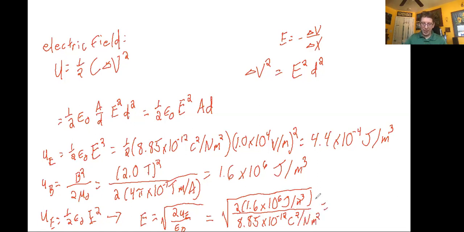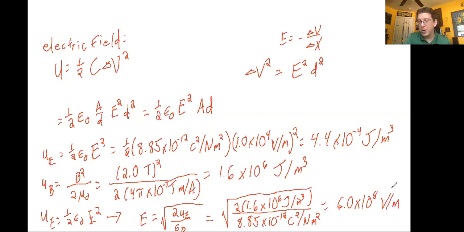So let's plug that big mess in. And you take the square root, you get 6.0 times 10 to the 8 volts per meter.